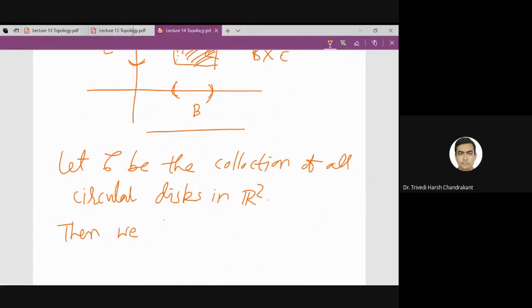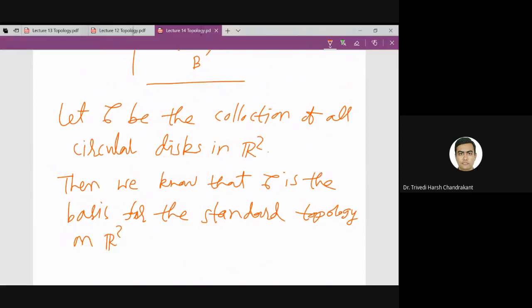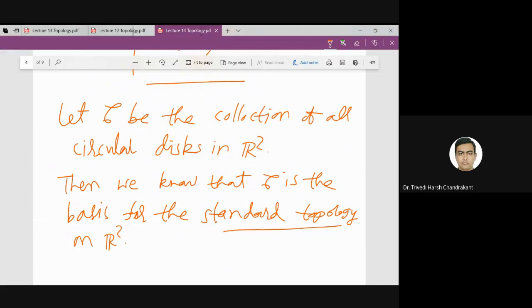Then we know that C is a basis for the standard topology on R2, because from real analysis or multivariable analysis you can say that for every open set in R2, around each point we have a small disk which is contained in that set, so therefore it is called the standard topology on R2, right?